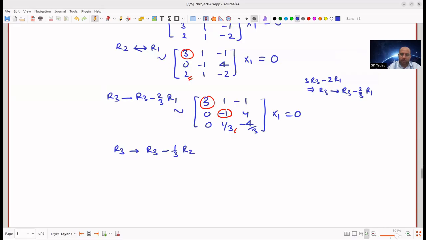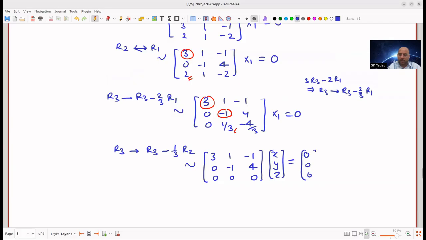So this will lead you to 3, 1, minus 1, 0, minus 1, and 4, then 0, 0, and this will also become 0. So here is the REF form of matrix A minus lambda 1 I equal to 0.